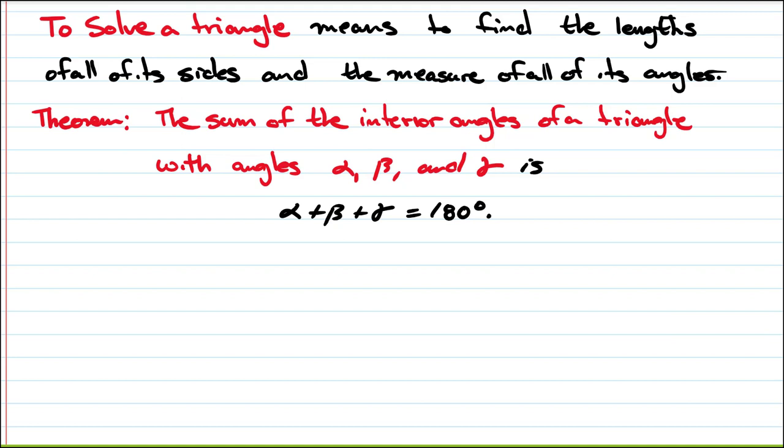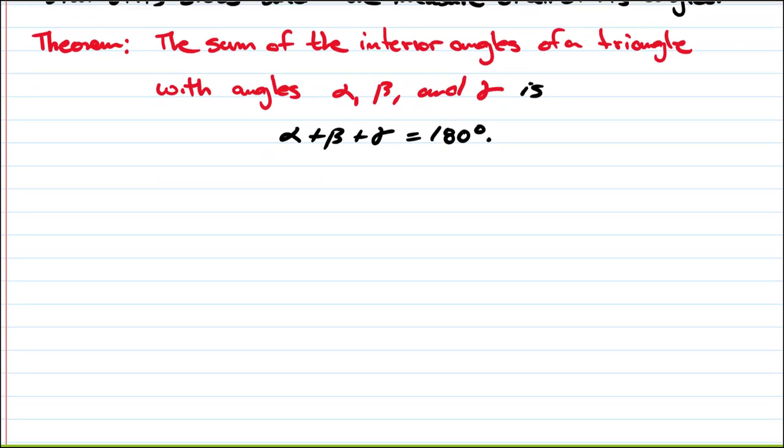So that is that the sum of all of the interior angles of a triangle always add up to 180 degrees. Then we have a corollary.